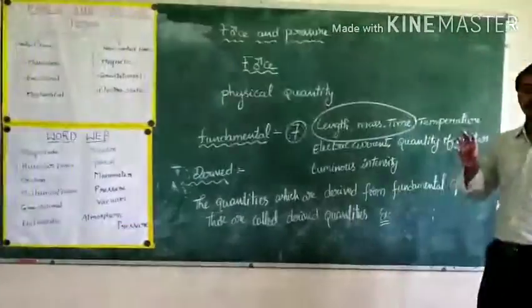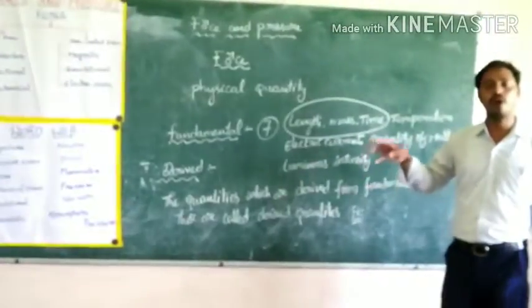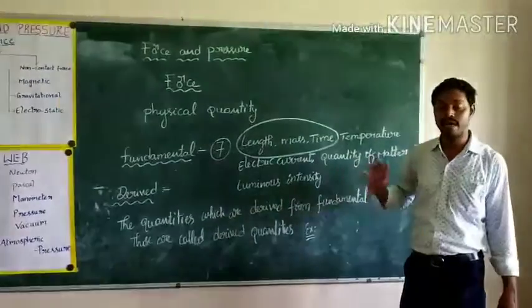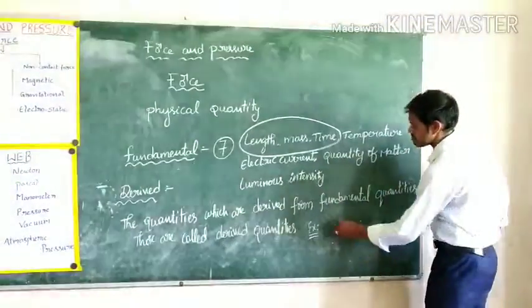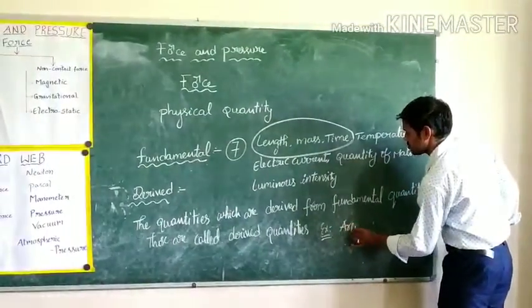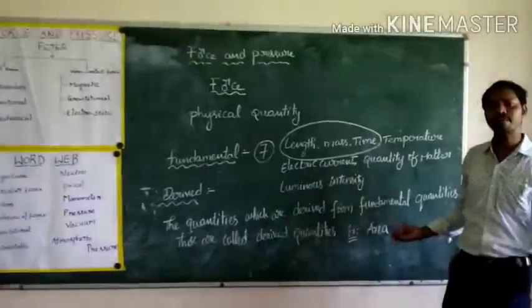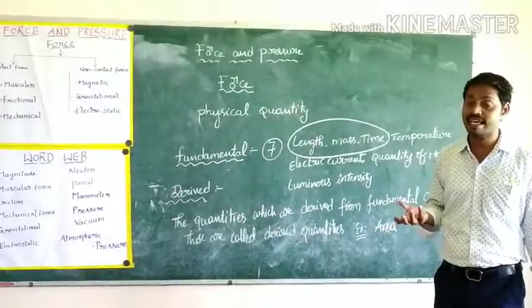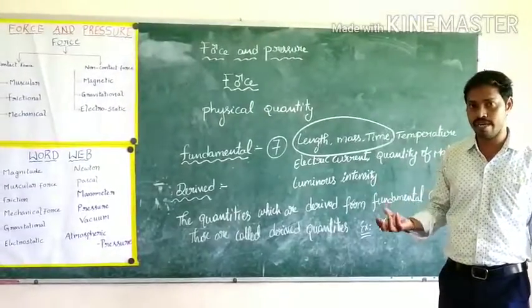See here, area, volume, all these are examples for derived quantities. Area. How can you say that area is an example for derived quantity?